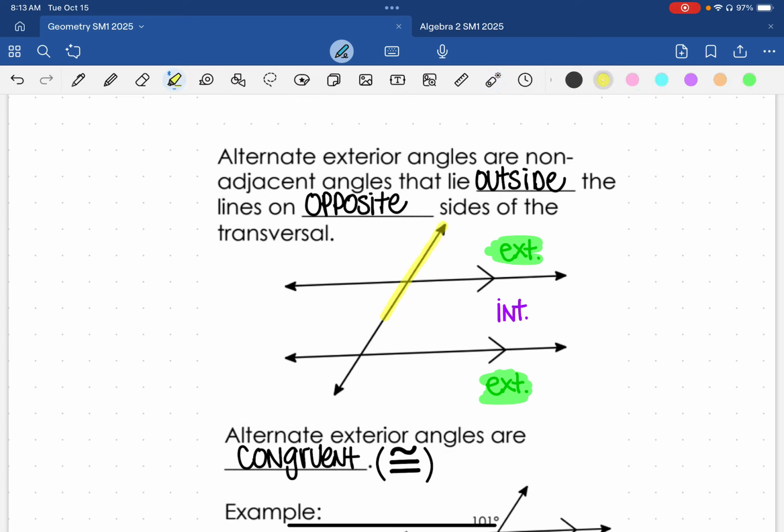All right, there's our transversal. If we're talking about our alternate exterior angles, we're talking about this one to that one, this one with this one. And of course, if you wanted to add your numbers in there, you could.